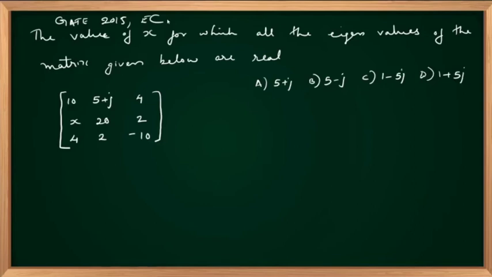So let us see what is the fundamental principle. The eigenvalues of the matrix given below should be real, right? Where all have we seen real eigenvalues? If A transpose equals A, or A transpose whole conjugate equals A. These two belong to two different classes of matrices. The first can be applied only if all the elements of the matrix are real.